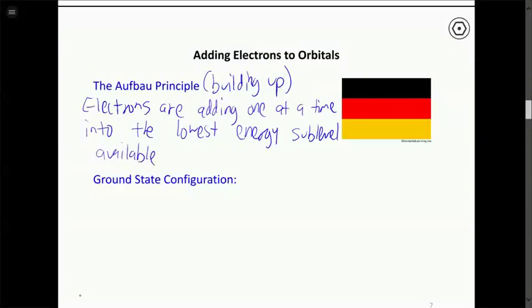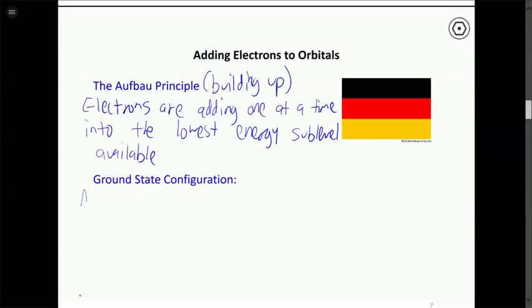Okay, so that's the lowest energy sublevel, and that gives us what's called the ground state configuration. We know from the Bohr model that ground state means the lowest energy state. And I may have told a corny joke about that at some point. The ground state configuration for a multi-electron atom means the same thing. It's the lowest energy arrangement of all the electrons in that atom, which comes from putting them into the lowest available subshells possible.